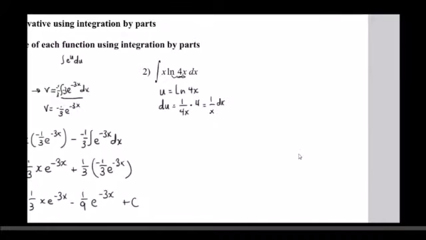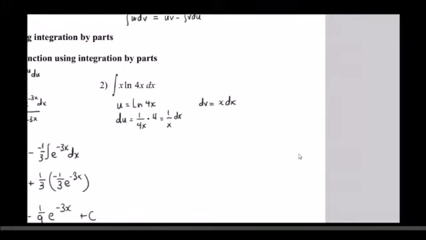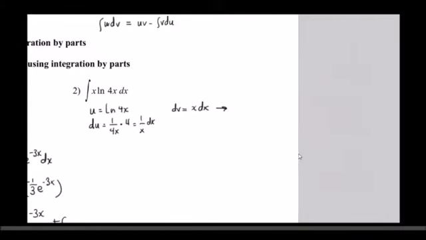So if this is u, that means that the x dx, that becomes our dv. So dv equals x dx. Well, that's an easy one. The antiderivative of x is just x squared over 2. So let me write that again. That means that v equals x squared over 2.